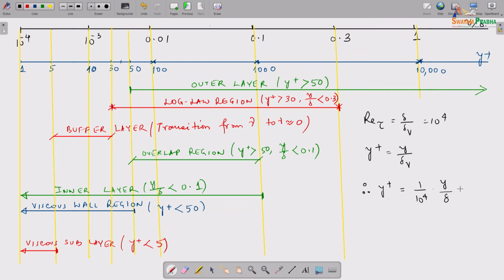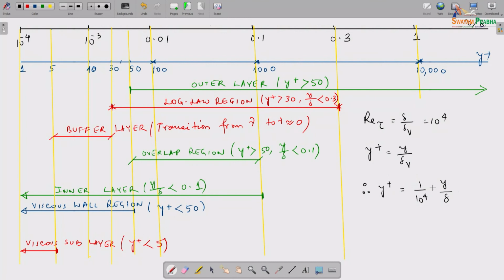So for a given boundary layer thickness and at the given Reynolds number, with the viscous length scales, and for the y that you're looking at, you should be able to find out, for the given y, how to calculate the y plus. So at what region am I located? What is my y plus? On the scale I can figure out.